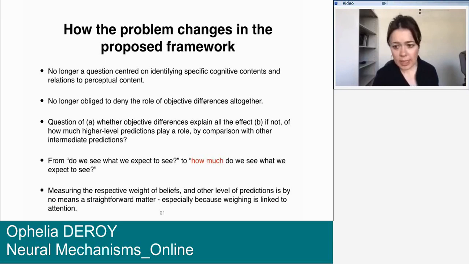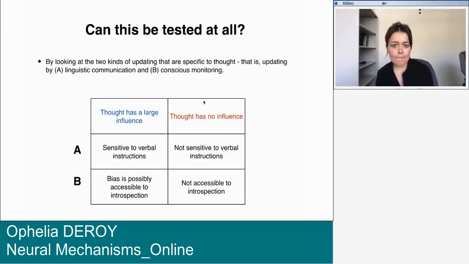So what I want to present then is a kind of shot at a way in which I think we can still make sense of the question and test it empirically, adopting the predictive coding accounts and the kind of framework that I've argued for.